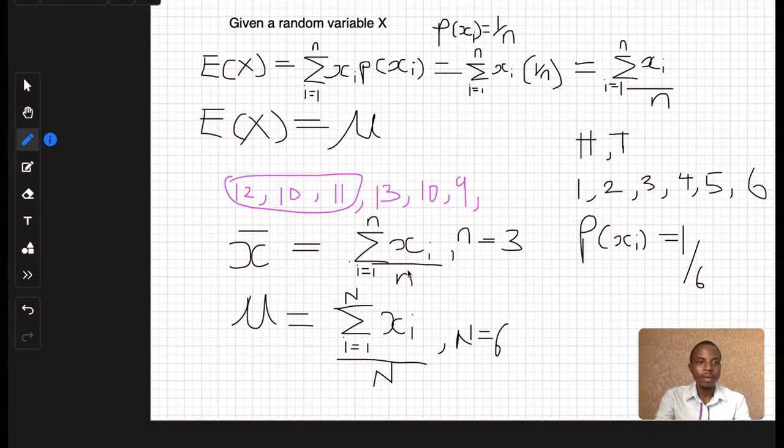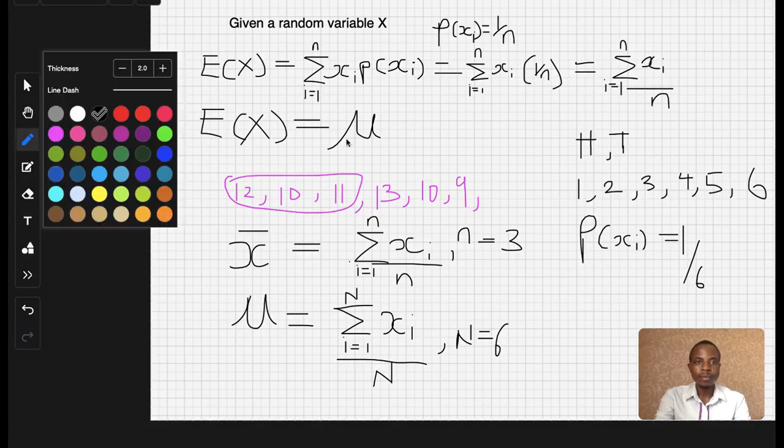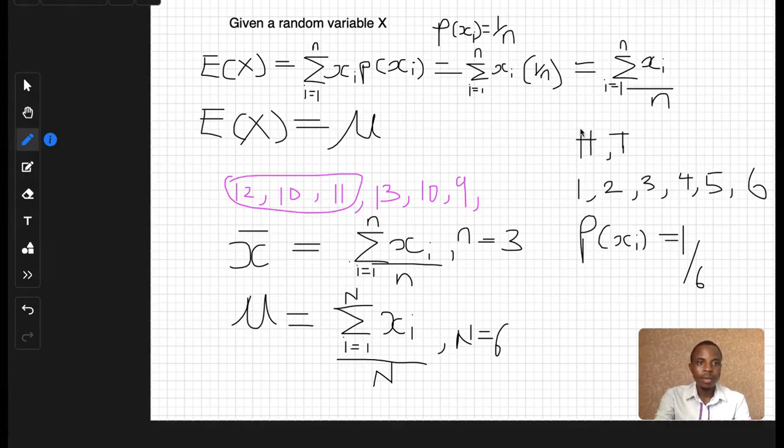So in this case, let's suppose we are interested in the number of tails that show up. Head will be 0, and tail will be 1, and we may call this our x.